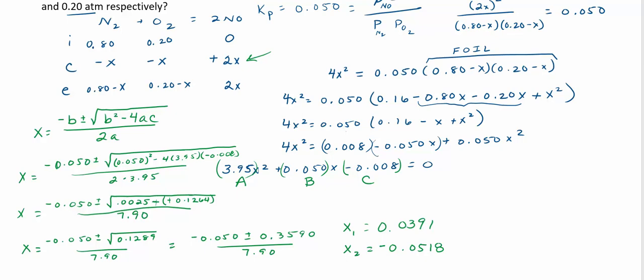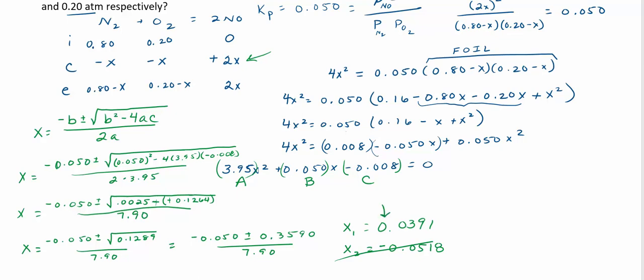And that's how you would know that you did something wrong at the beginning. But how do I know which one of these to use now? Well, if we multiply this negative value by 2, it's still a negative value, and I can't have a negative concentration. So I know it's not going to be the negative value. So I know my x is going to be this value here.